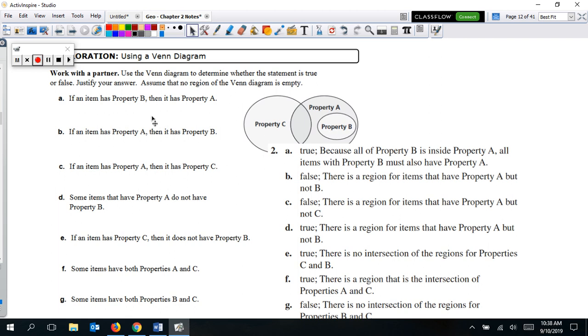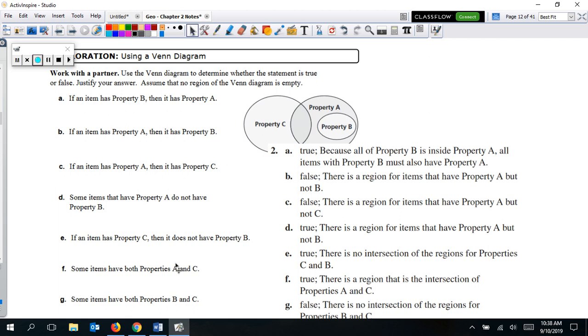So what we're seeing on this one is that we're given a diagram, some concrete evidence to be able to make our conclusions with. These are not just predictions. We're not predicting anything here. We're making a conclusion based on the diagram that's given to us. And so that's more of a deductive reasoning.